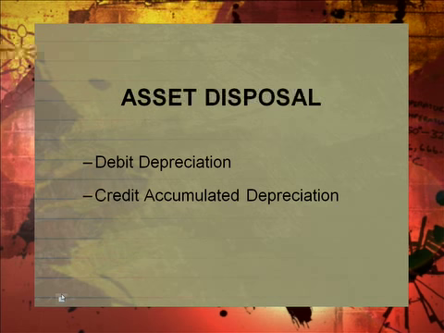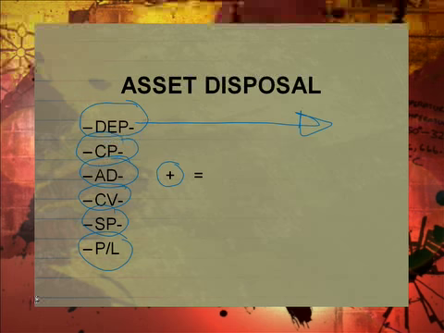No money is changing hands. And you are crediting accumulated depreciation. In other words, you are now increasing your negative asset. And that is important. Okay, how does that impact on my table? If you look at your table, you will find that alongside accumulated depreciation, you put in a plus sign. And therefore, it's telling you you have to add it to your accumulated depreciation.